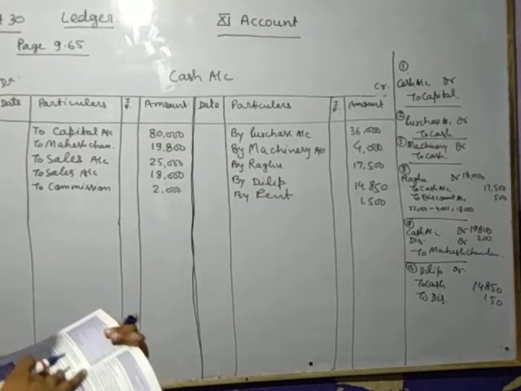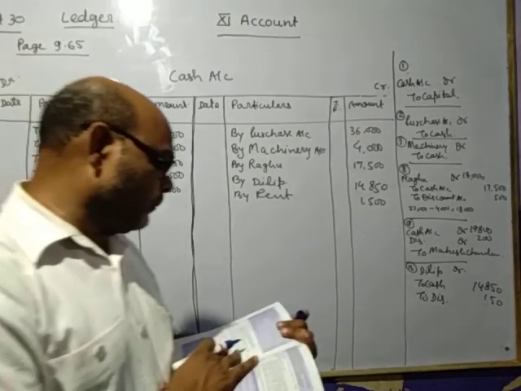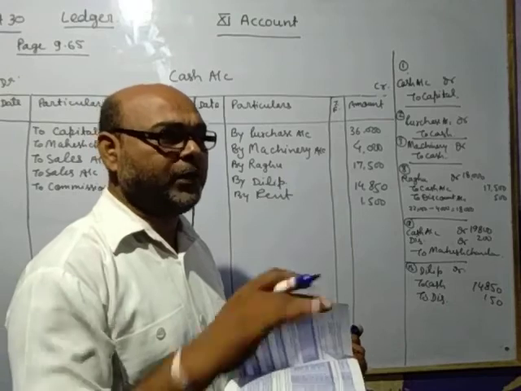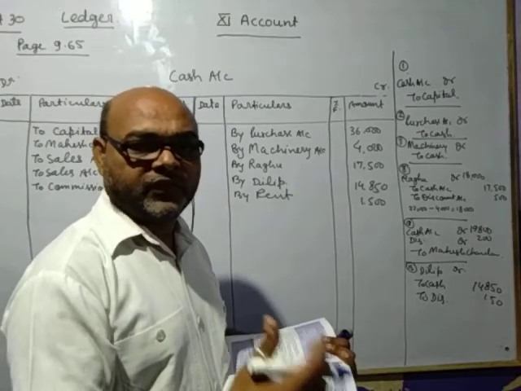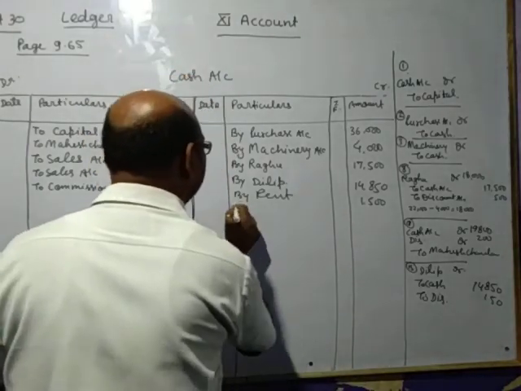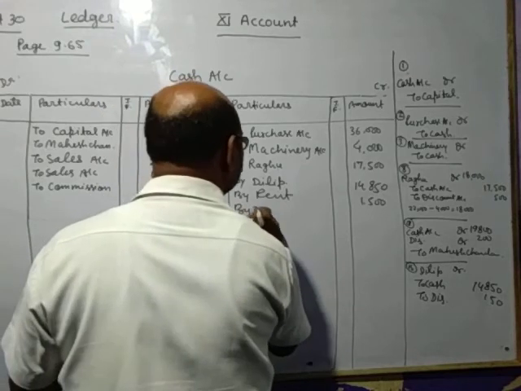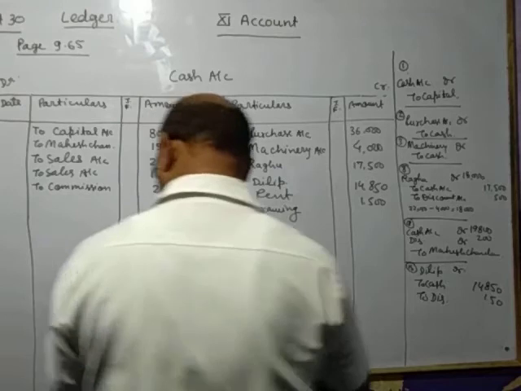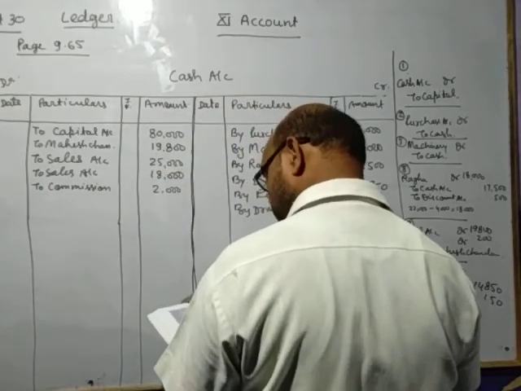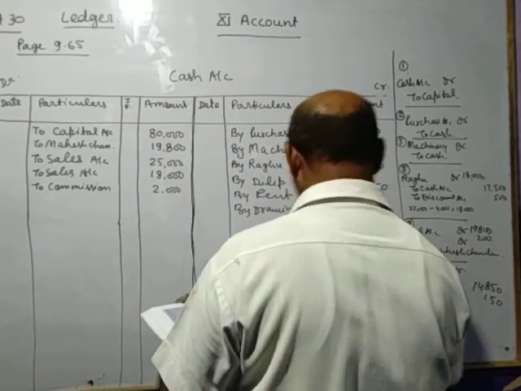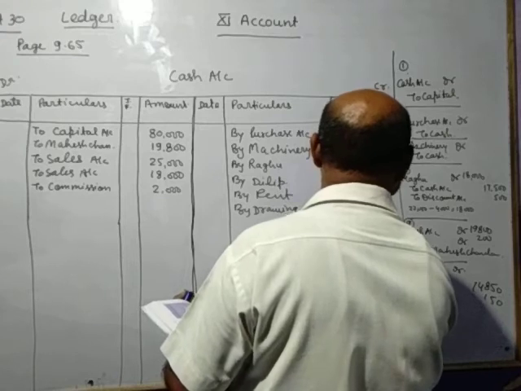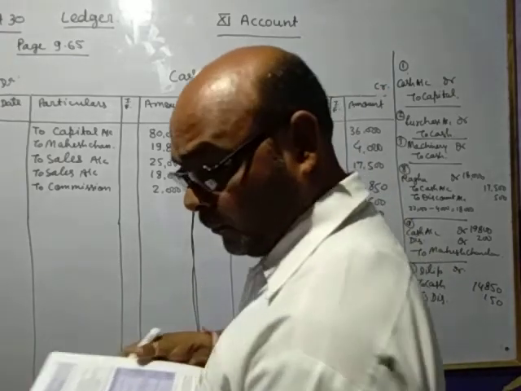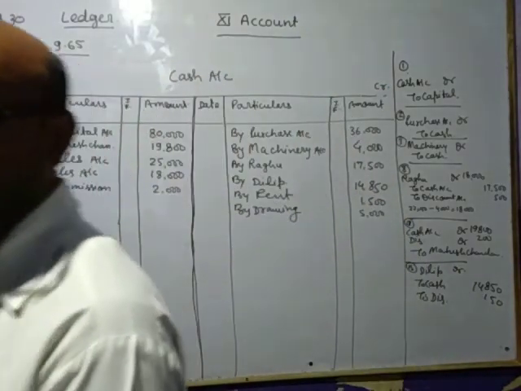Next, withdrawn by proprietor for personal use. So drawing account debit to cash. So cash is credit. So on the credit side you will write by drawing. Amount of drawing is 5,000. Now, purchase a fan for the proprietor's house.